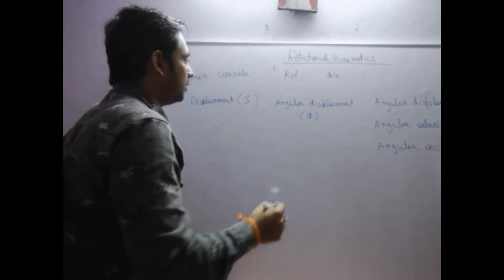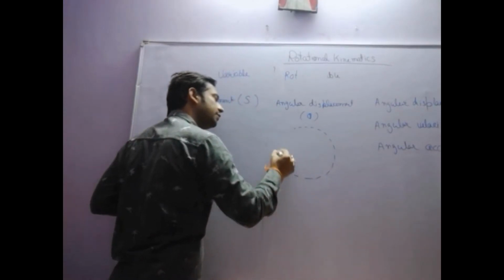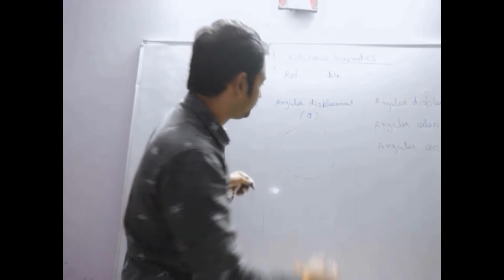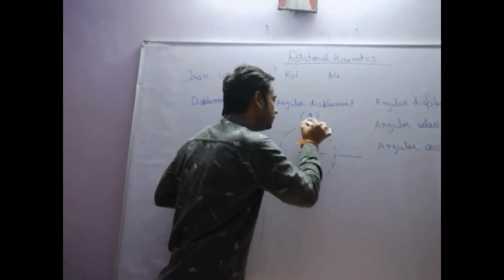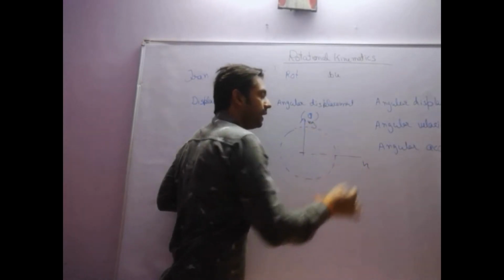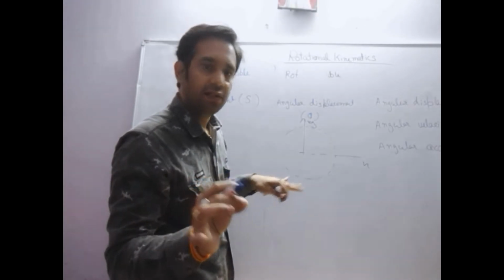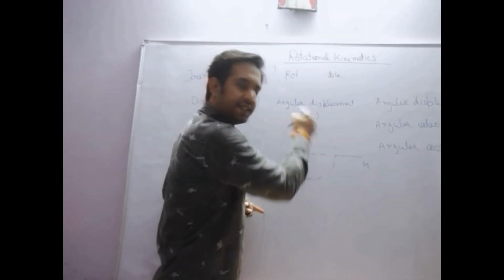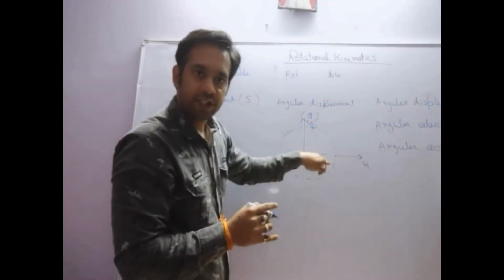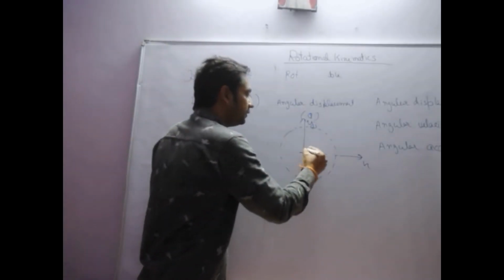If this is a circular or rotational motion in the xy plane, this is the x-axis and this is the y-axis, and we are observing the orientation.